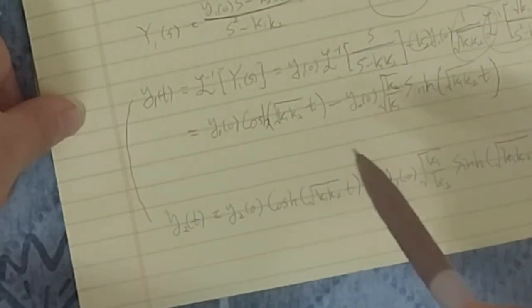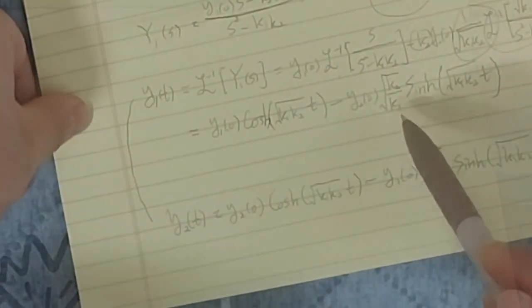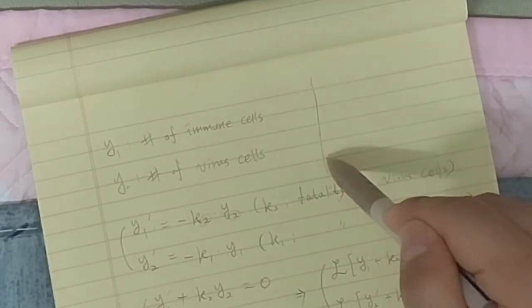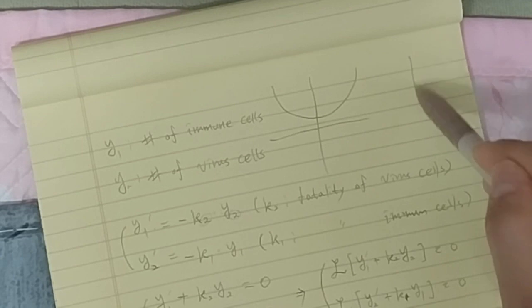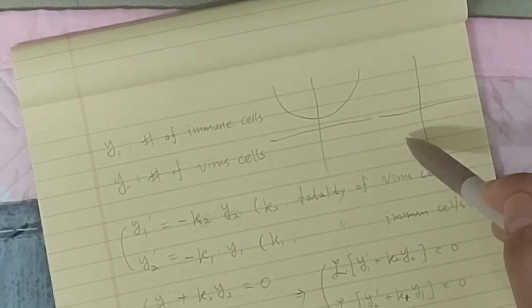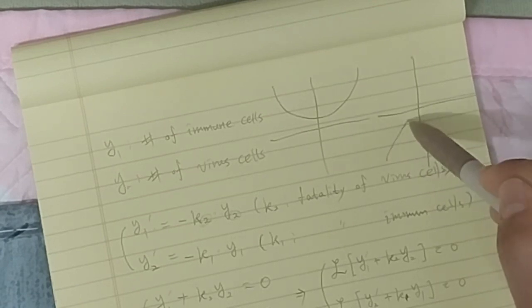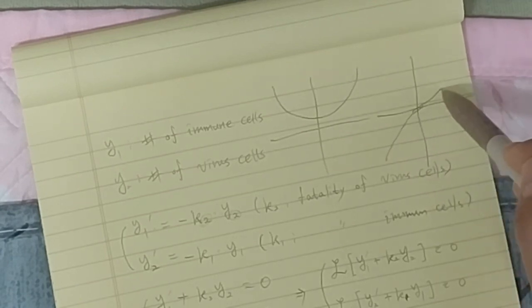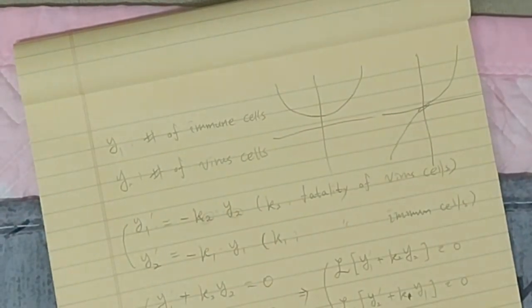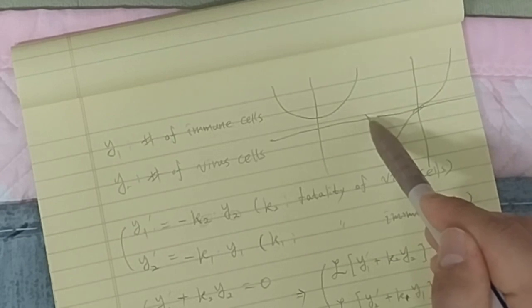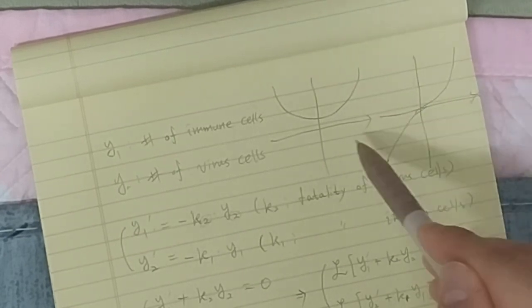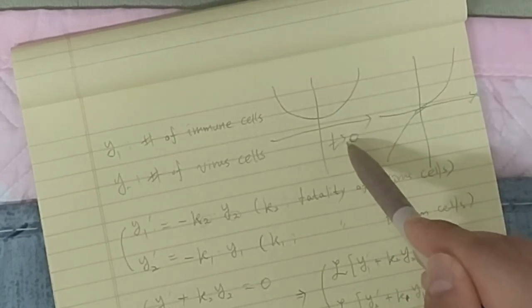And what's the meaning of this equation? Firstly, hyperbolic cosine is in this shape, and hyperbolic sine is in this shape. So we only handle when t is positive.